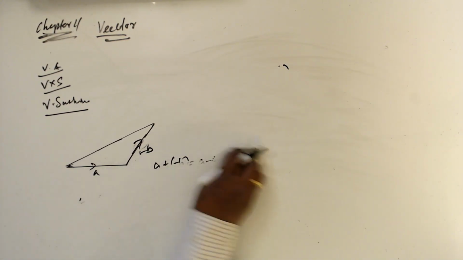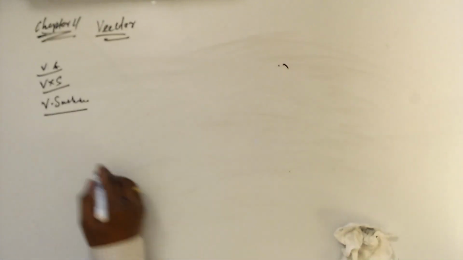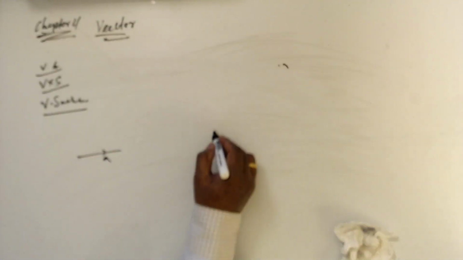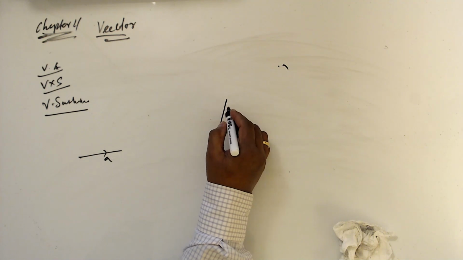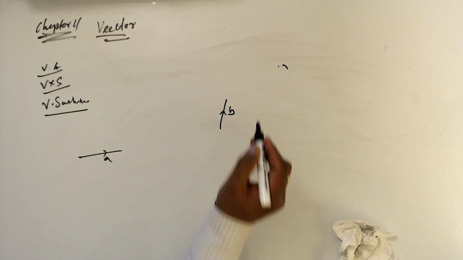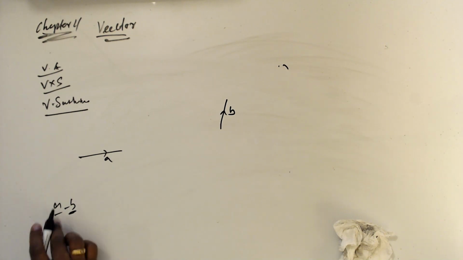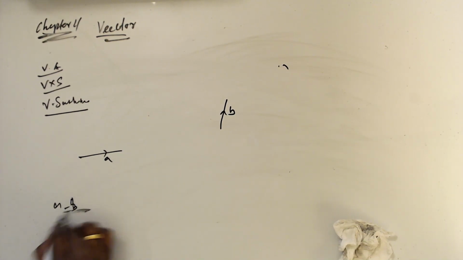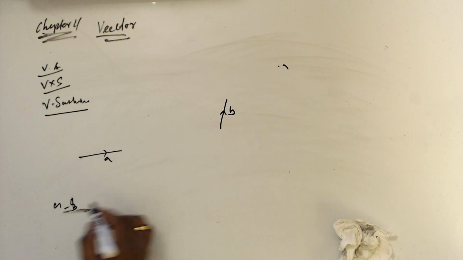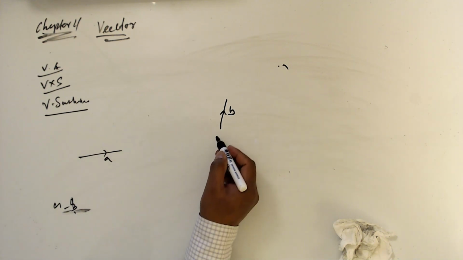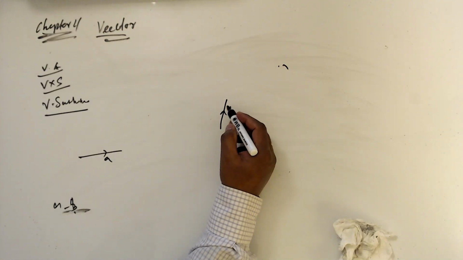For example, assume you have A here and B here. Now what is A minus B? You want minus B, right? Okay, turn it the other way around.